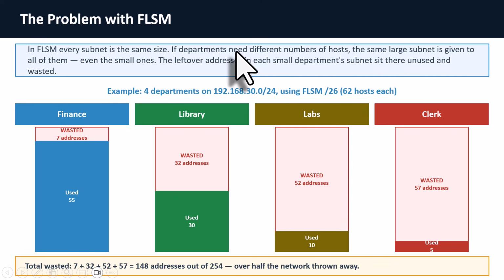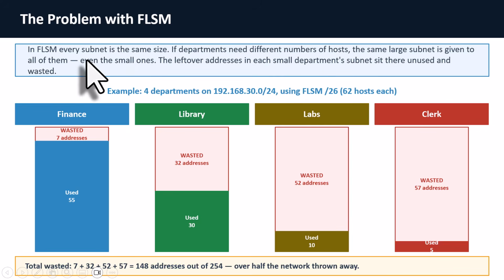variable length subnet masking. Now, previously we looked at fixed length subnet masking, and we said that when we are looking at FLSM, every network, every subnet we create is of the same size. And that means that if we have departments that need different numbers of hosts, the same large subnet is given to all of them.